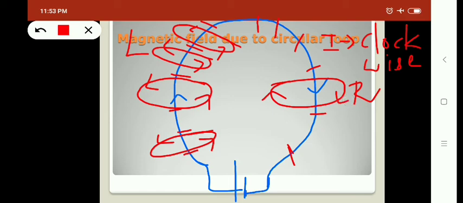And if we consider any segment on the right side of the circular coil, what will be the direction of the magnetic field? Yes, the direction of the magnetic field will be clockwise itself. So here also the direction of the magnetic field will be clockwise. Okay, so this is about the pattern of magnetic field lines on two diametrically opposite ends of a circular coil.